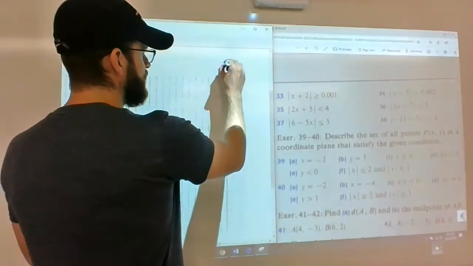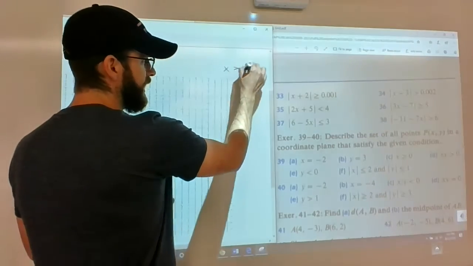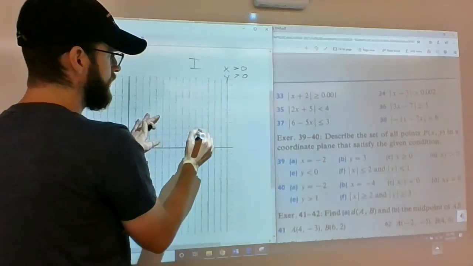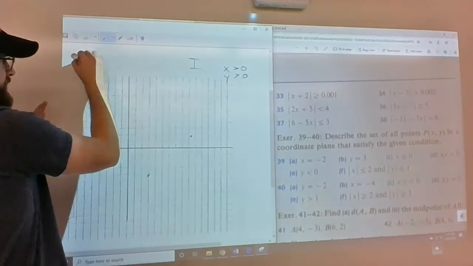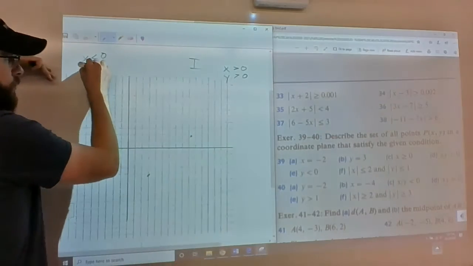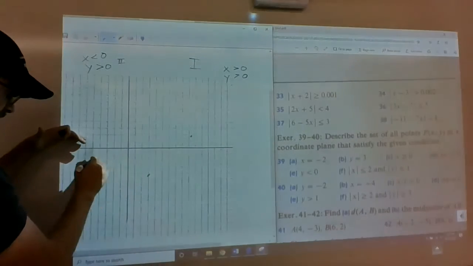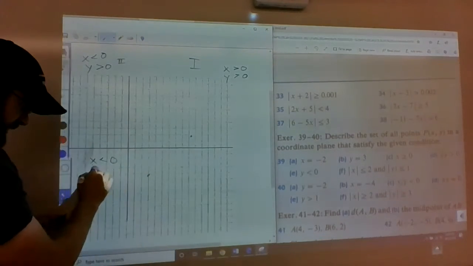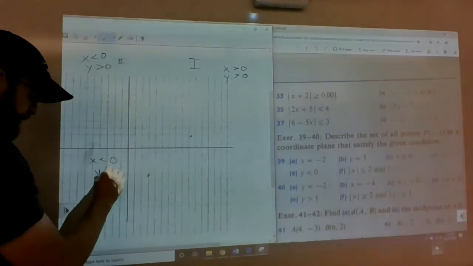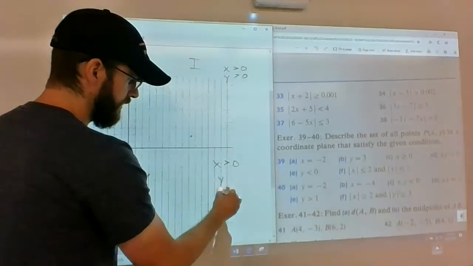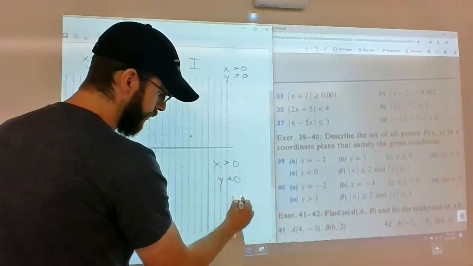So you got x is greater than 0 and y is greater than 0 in quadrant 1. And then over here you got x is less than 0, but y is still greater than 0 in quadrant 2. And then over here you got x is less than 0 and y is less than 0 in quadrant 3. And then you got this going on in quadrant 4.